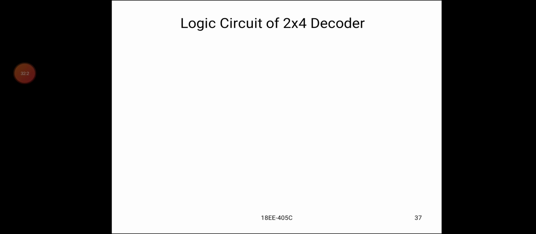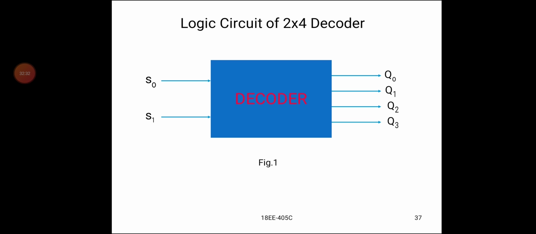Logic circuit of 2 to 4 decoder. The decoder has 2 inputs S0 and S1. It has 2 to the power of 2, that is 4, outputs Q0, Q1, Q2, Q3.